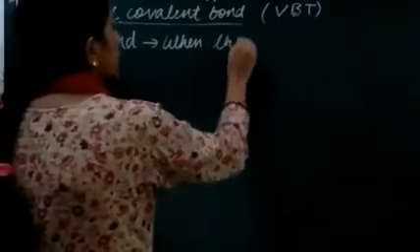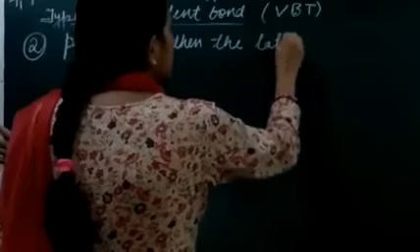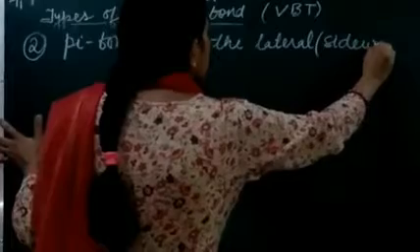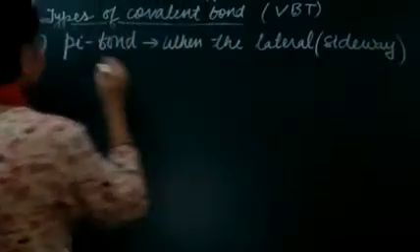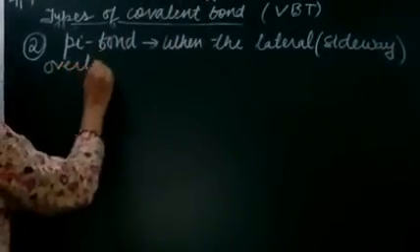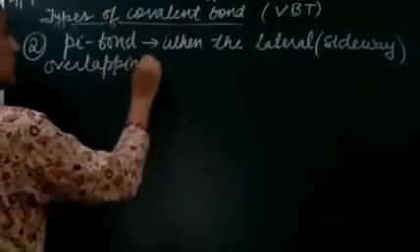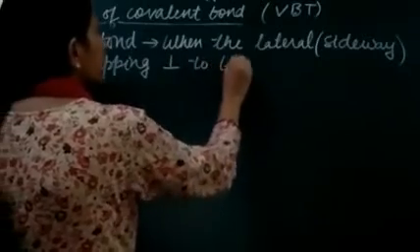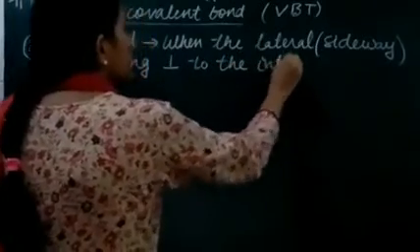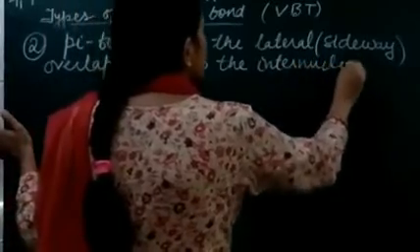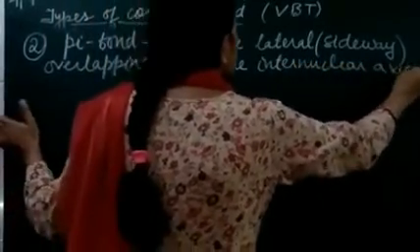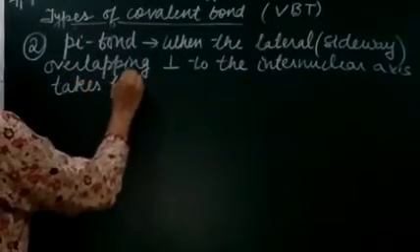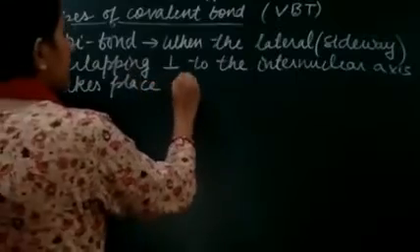When the lateral or sideways overlapping perpendicular to the internuclear axis takes place, a pi bond is formed.